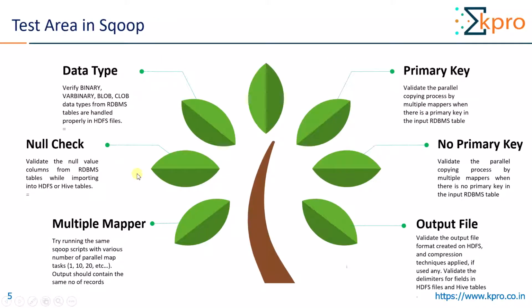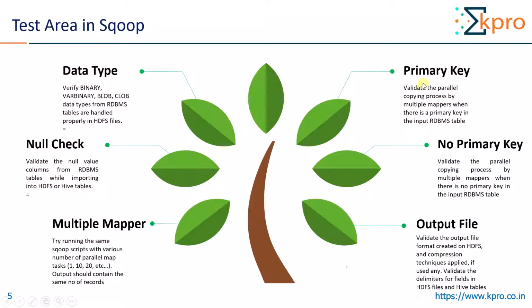So here are the test areas in Sqoop. In the big data world, there is no table constraint or column constraint in the database or file system. Hence, we need to take care that whatever constraints are applied in the source system are followed in the target system.